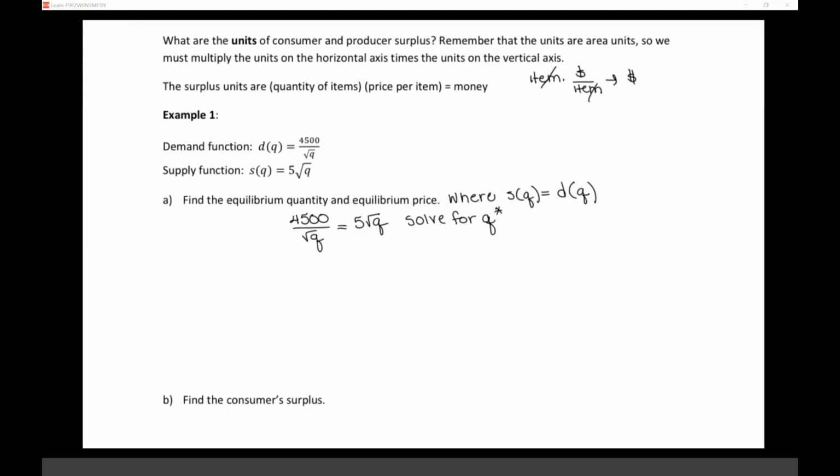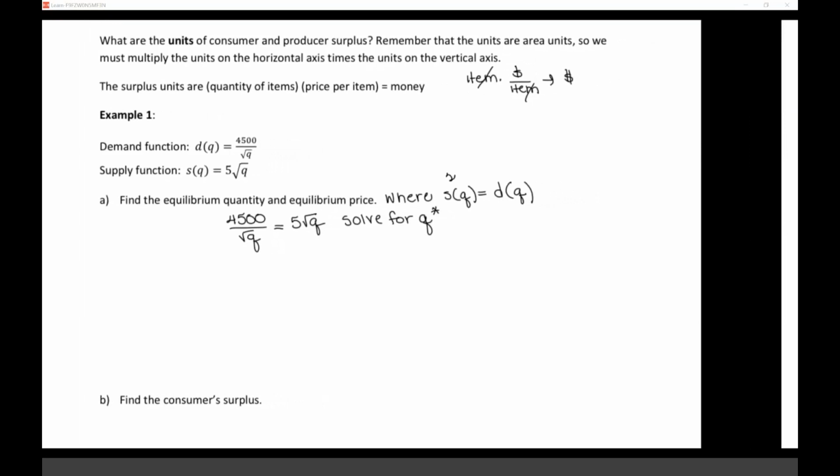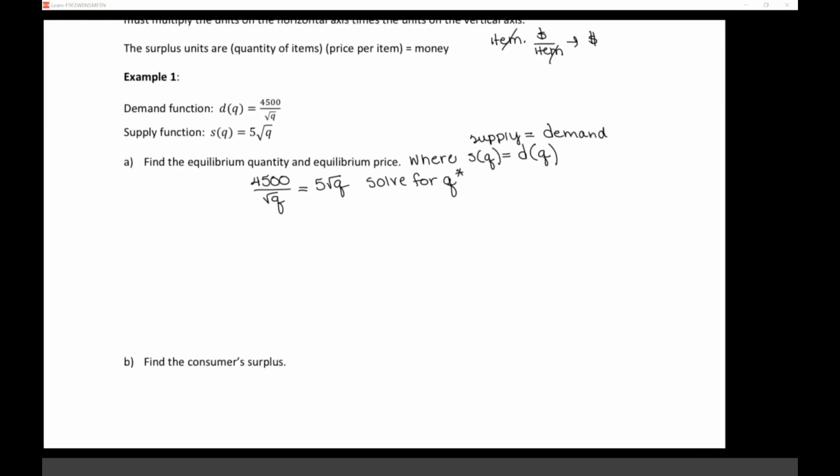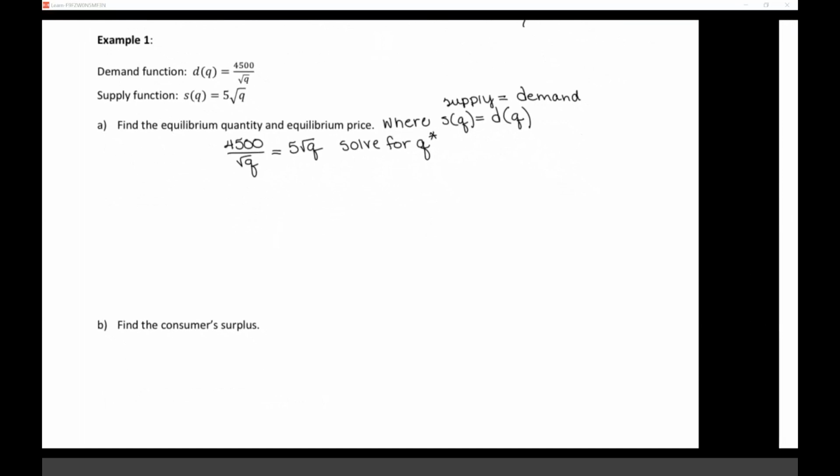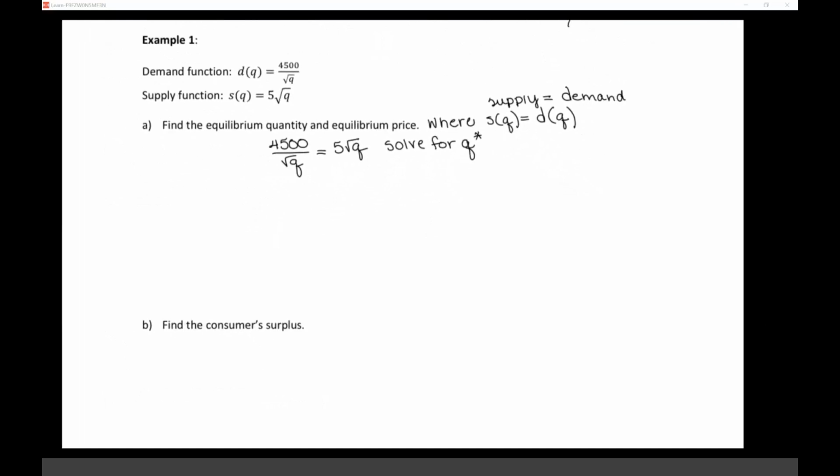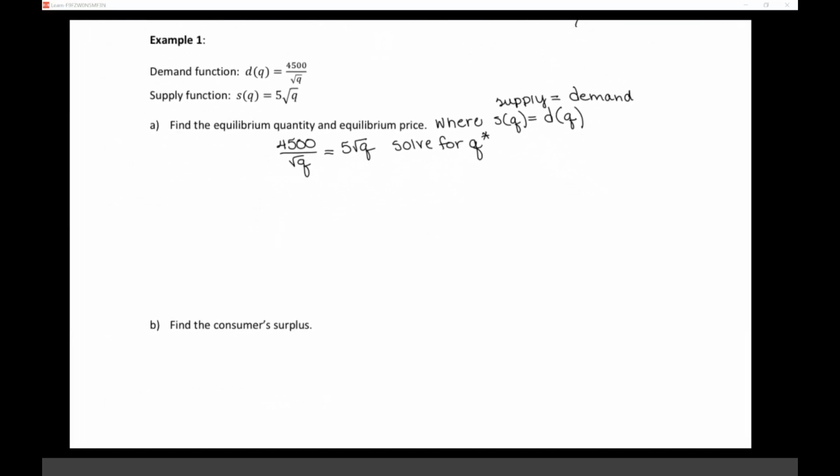Actually, for Q star. Everybody all right with this? This isn't calculus, this is just algebra, and it requires that you know what equilibrium means. It means supply equals demand. Okay, so I've set the two equations equal to each other. Now I'm stuck doing some algebra.